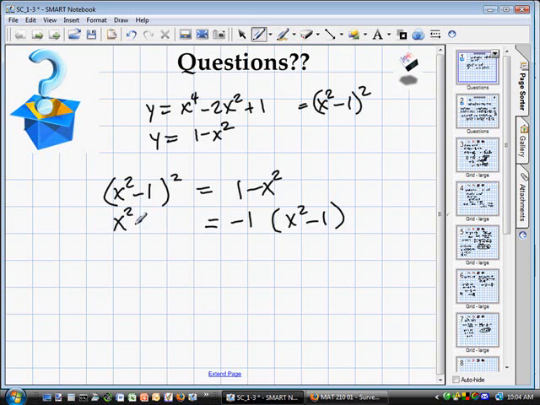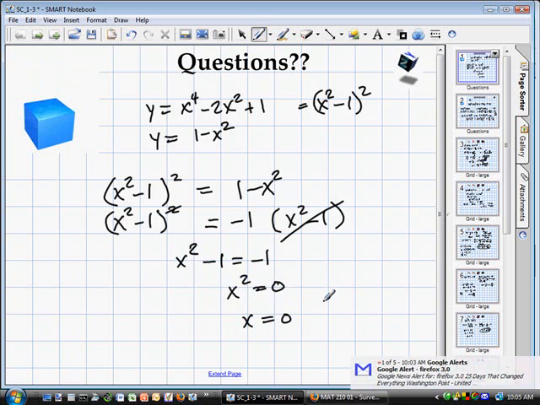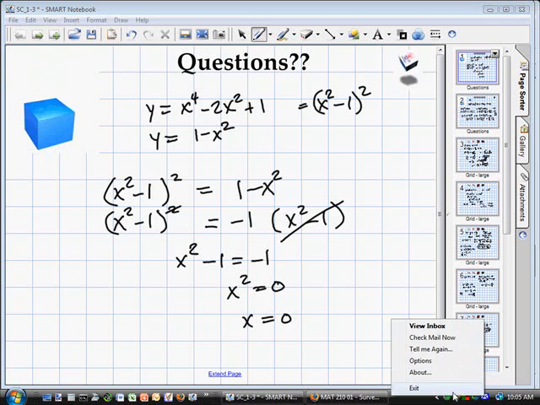Would that allow us to, did that help at all? Yeah, because now couldn't we divide both sides by x squared minus 1? And then this would be gone, and one of these would be gone, leaving us with, interesting, add 1 to both sides, take both square roots. There is only, of course, 1 square root of 0. So where are we? We found one intersection point, at least if I did my work right there.